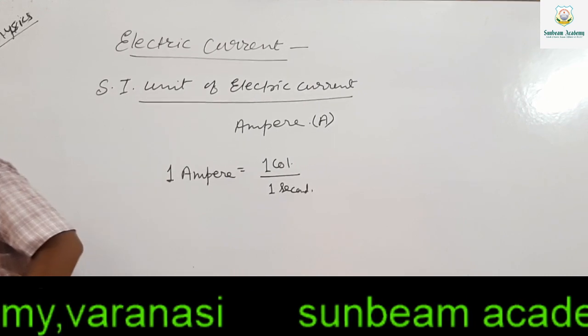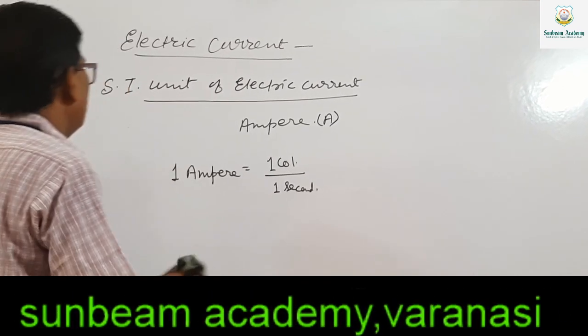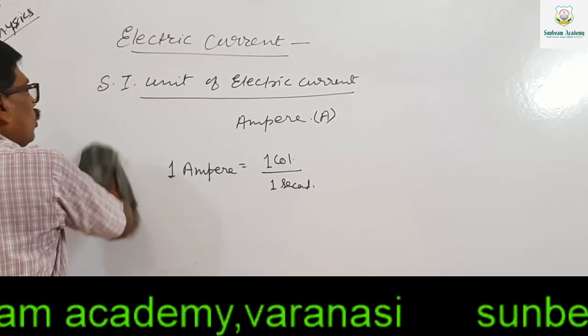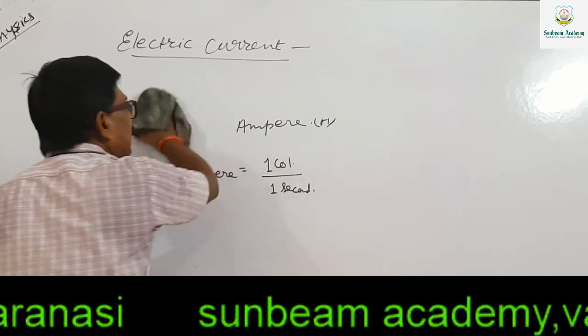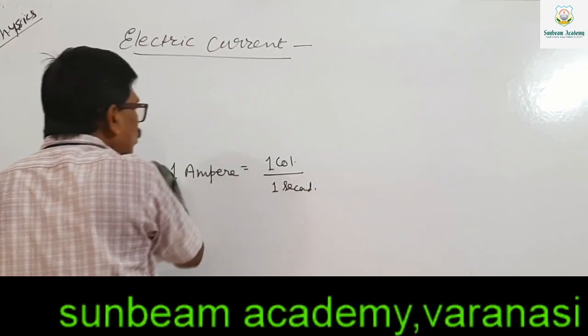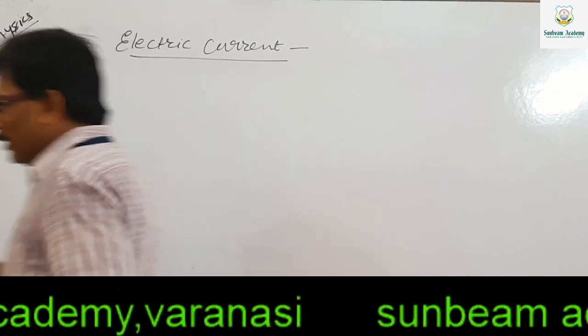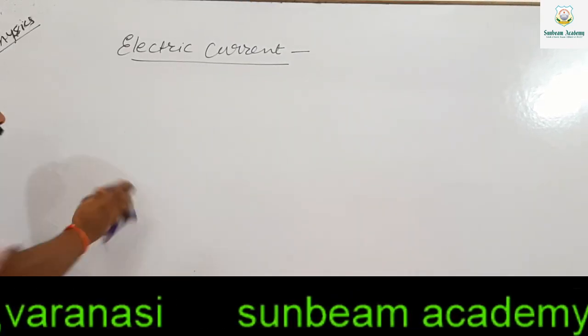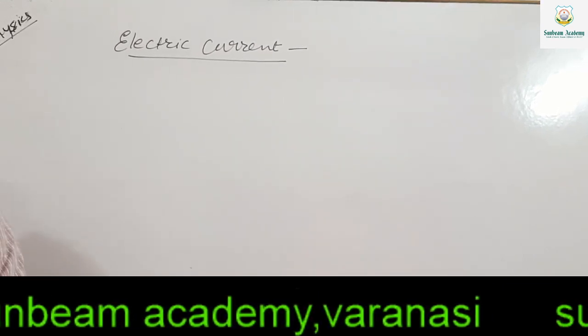Now how will you measure the electric current? What instrument is used to measure the electric current? The instrument which is used to measure the electric current is called ammeter.